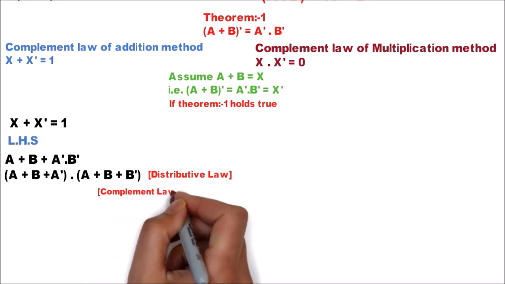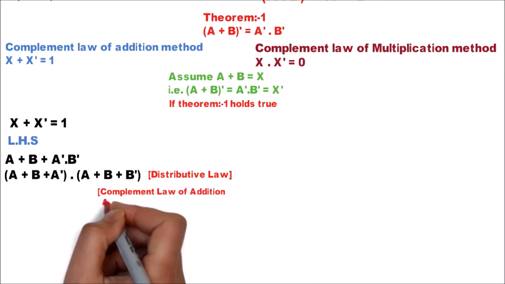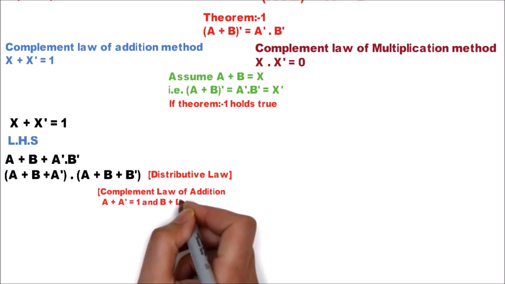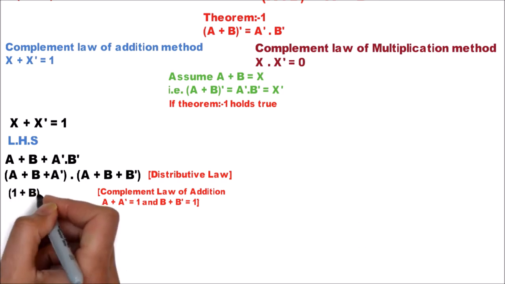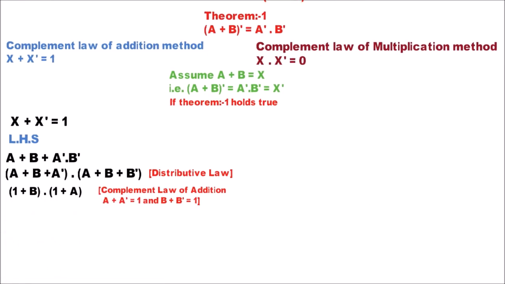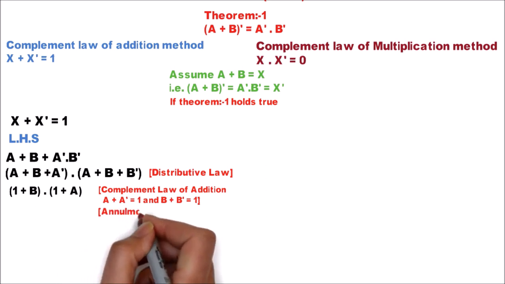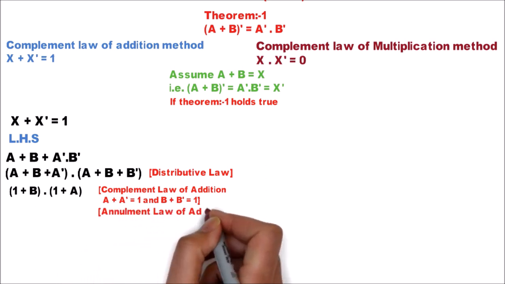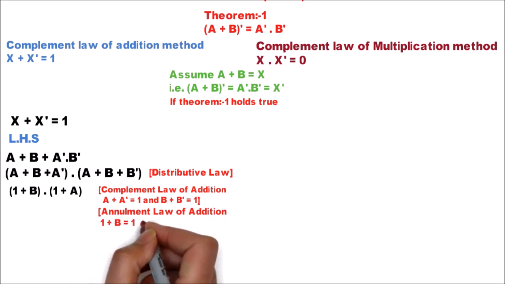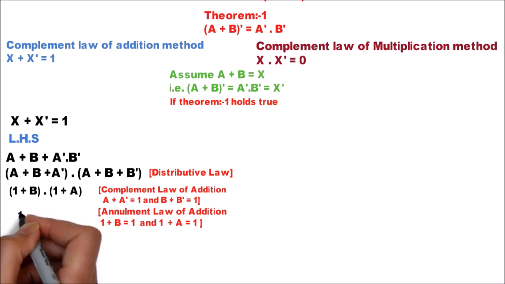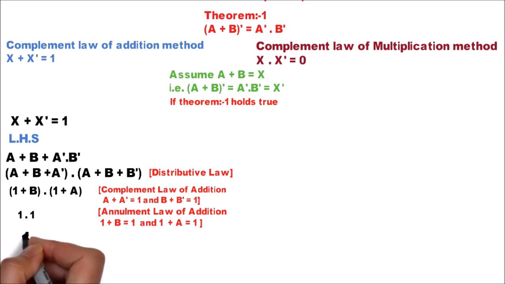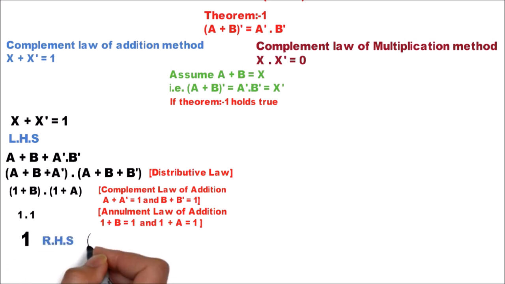Now by the application of the complement law of addition, we can write A plus A bar equal to 1 and B plus B bar equal to 1, and the above statement will be (1 + B) dot (1 + A). Now according to the annulment law, we know 1 plus any variable is always equal to 1. So it can be written as 1 dot 1, which is equal to 1 and is the RHS of the above equation. Hence it is proved.